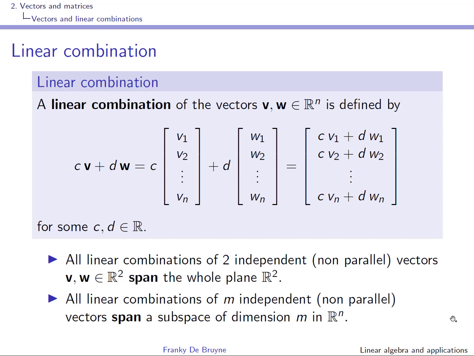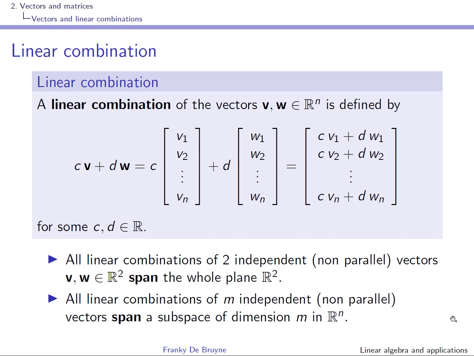Well, we can of course combine the operations multiplication by a scalar and vector addition, and we obtain what is called a linear combination of two vectors. So you take the first vector multiplied by the scalar C, and you add the second vector multiplied by the scalar D. So C times V plus D times W is simply obtained by doing the same operation on each element.